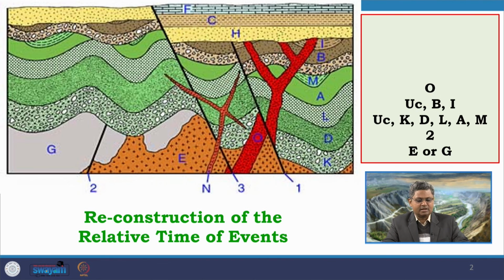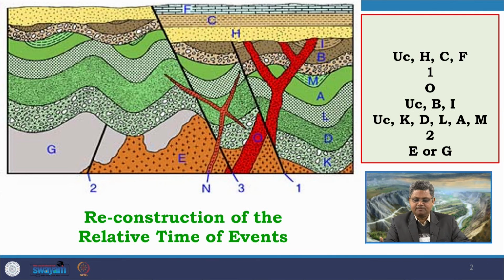These units are then affected by an igneous process, the emplacement of the igneous body O, which is covering up to the unit I, and after that this entire succession has been affected by another fault, marked as 1.